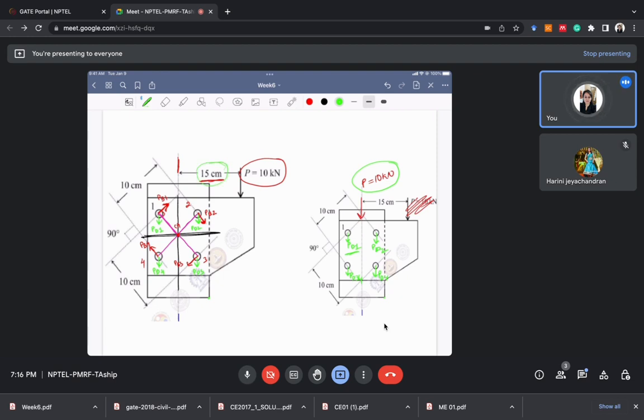In this case there will be no PB1, PB2, PB3, PB4, because PB1 is generated only when there is a moment in the system. Since the load is applied at the CG location, there would not be any moment, so only the direct force PD1 exists. Is it clear now?